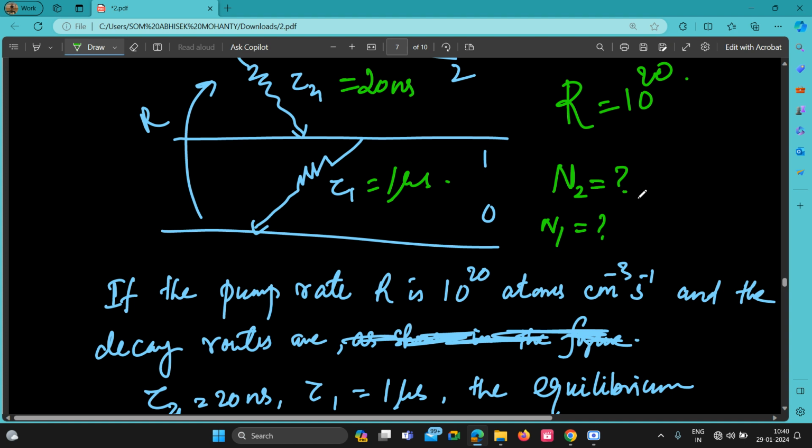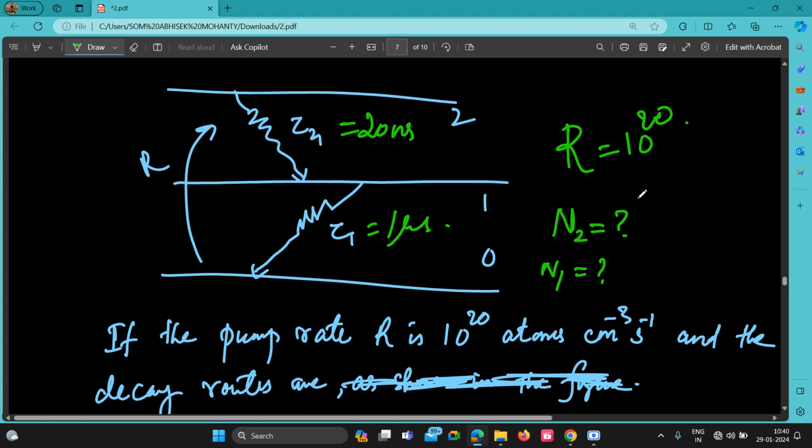How to write the equations? dN2 by dt: to state 2, R is going into it, so R will be positive.